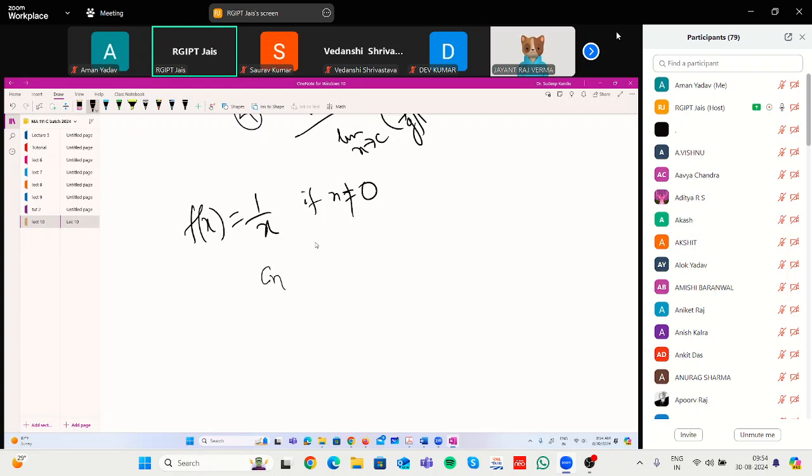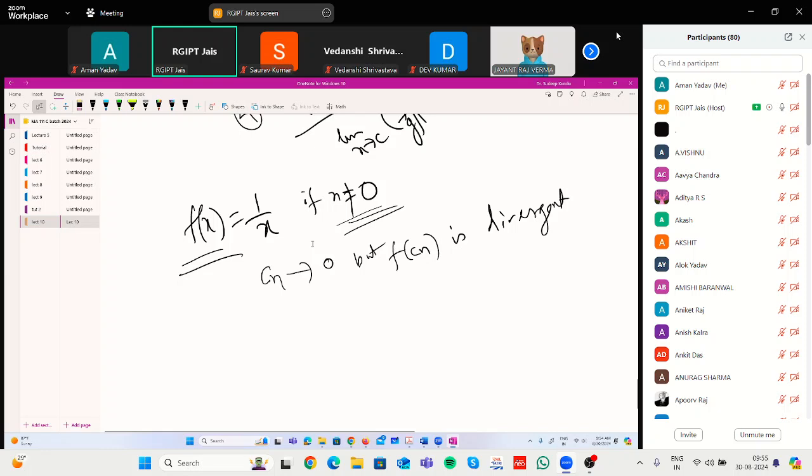Some sequence Cn converging to 0. You have to check the limit at 0, right? But f of Cn is divergent. Can you give one example here?